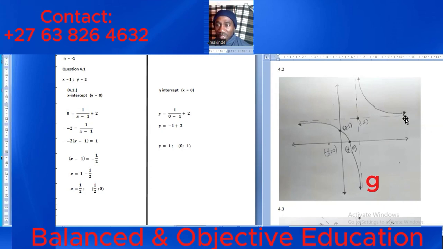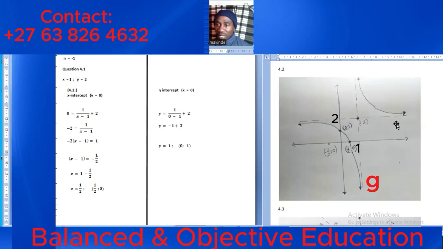So our horizontal asymptote passes through y equals 2. So that is this horizontal broken line you're seeing here. And our vertical asymptote passes through the point x equals 1. So that is the broken line passing through the x-axis. So you have to draw it.